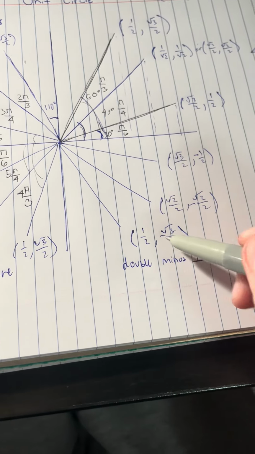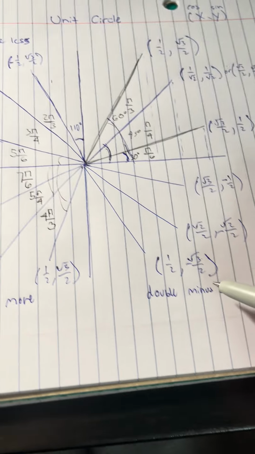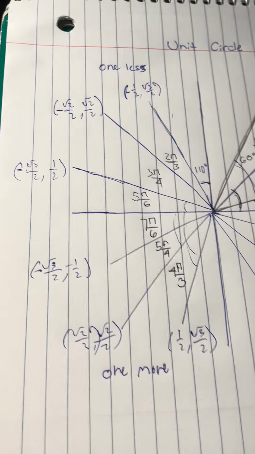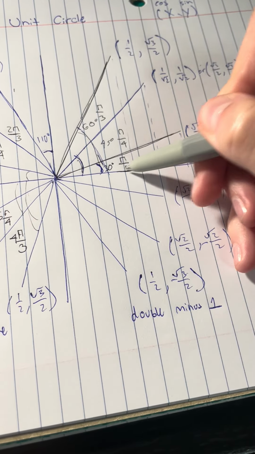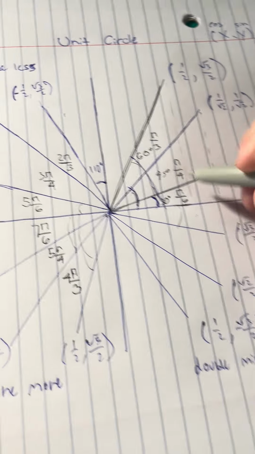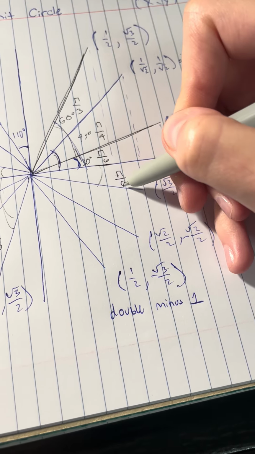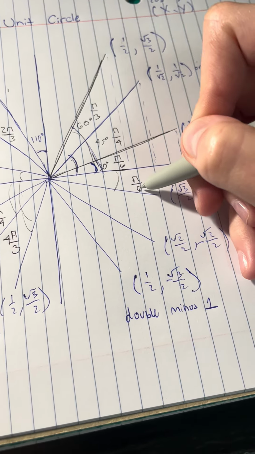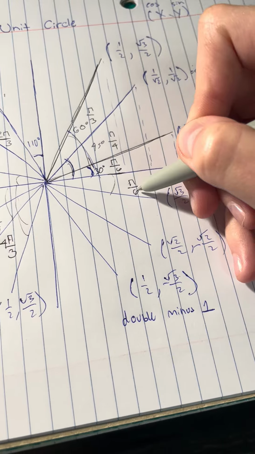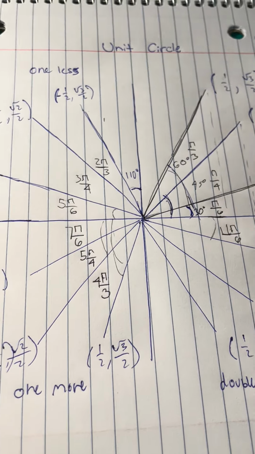Now this quadrant is our double minus 1 quadrant. If we start here from the x-axis, this is going to be 30 degrees. We know 3 goes with 6, so pi over 6, but it's double minus 1. 6 times 2 is 12, minus 1 is 11 pi over 6.